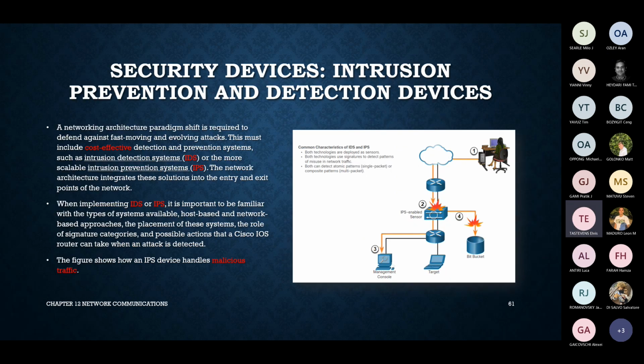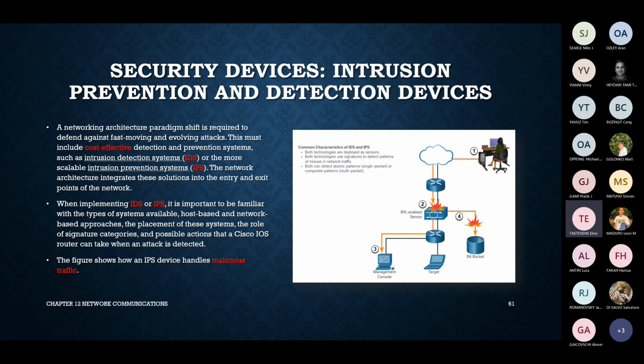So security devices, continuing intrusion prevention and detection devices. A network architecture paradigm shift is required to defend against fast-moving and evolving attacks. This must include cost-effective detection and prevention systems, such as intrusion detection systems, short for IDS, or more scalable intrusion prevention system, which is IPS.